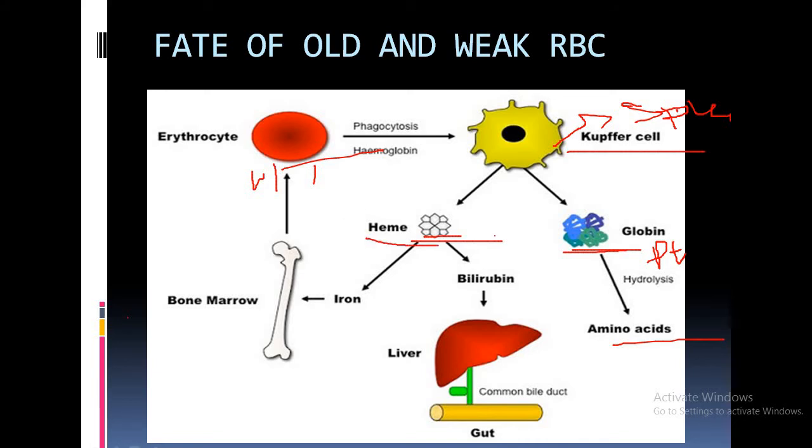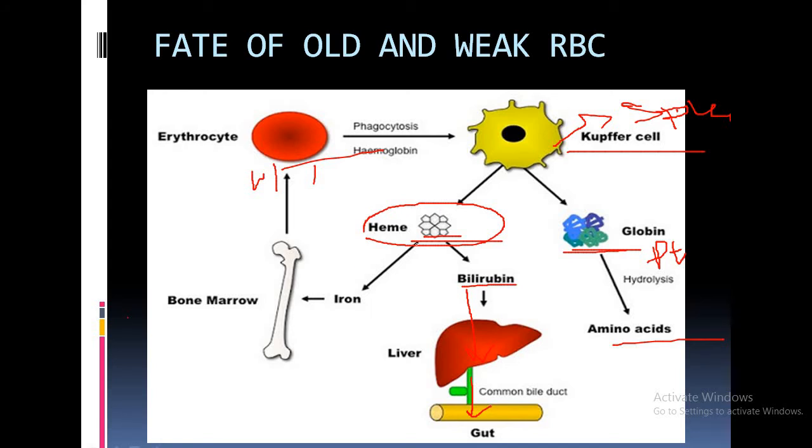Whereas the heme, which is the pigment part, will be decomposed or simplified in the liver in the form of bilirubin, and this bilirubin will form the bile, which is prepared by the liver, stored in the gallbladder, and through the bile duct added to the duodenum of the alimentary canal.